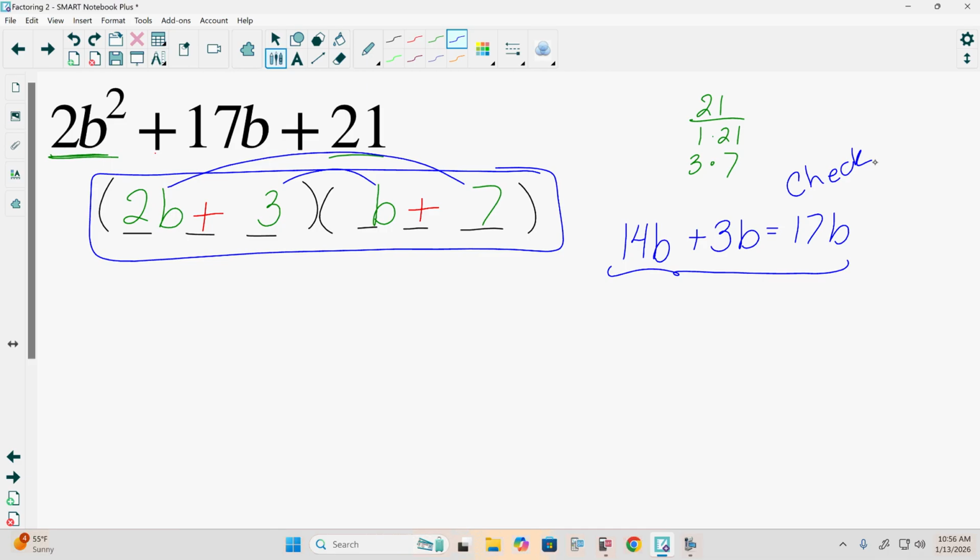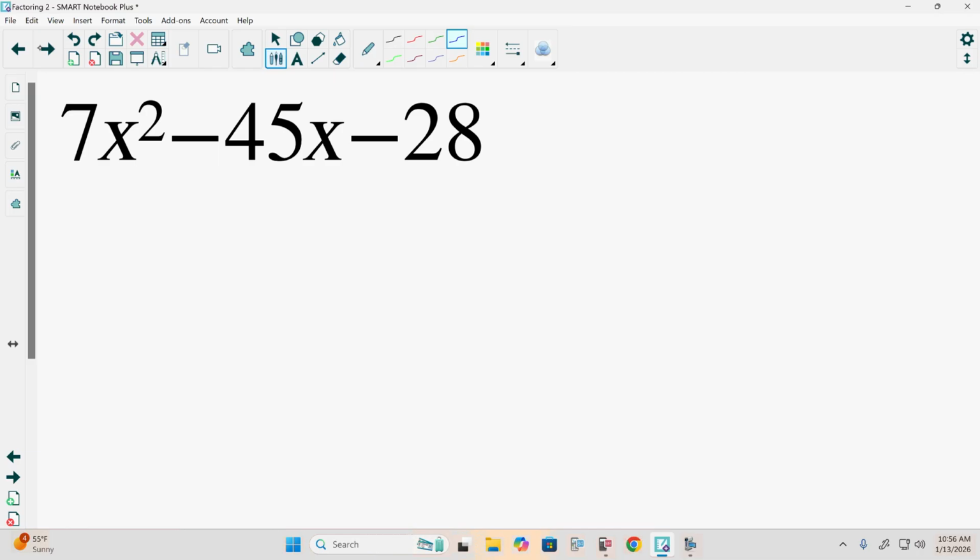Are you ready for the next one? 7x squared minus 45x minus 28. Is there a greatest common factor between these three terms? Possibly, because the factor that could work is 7.